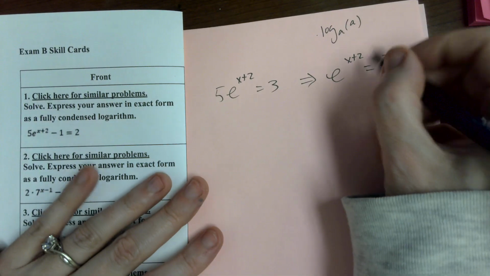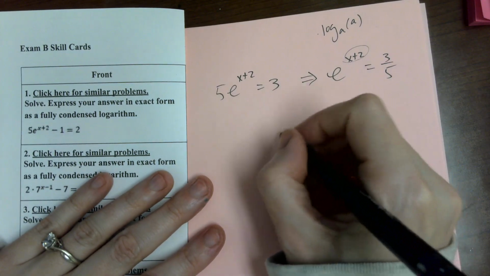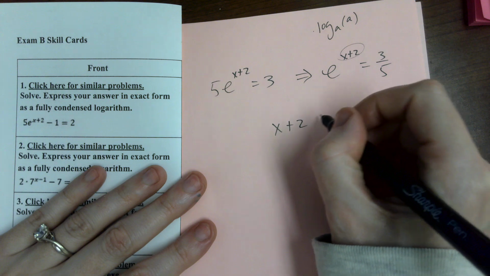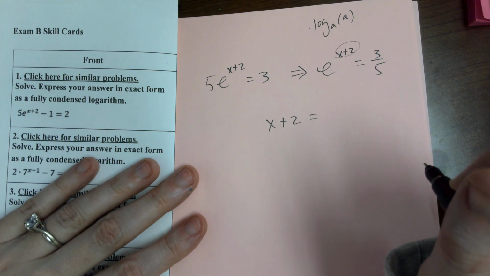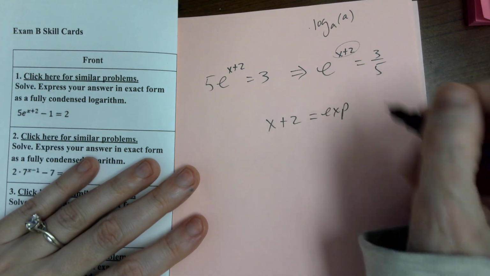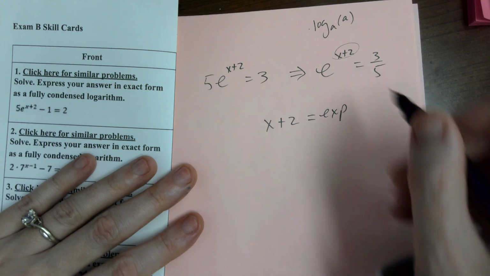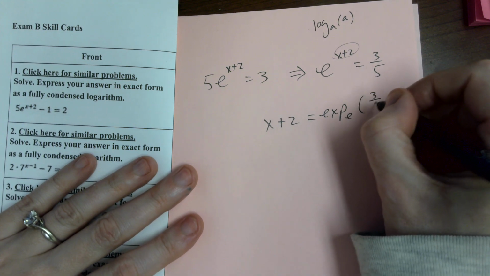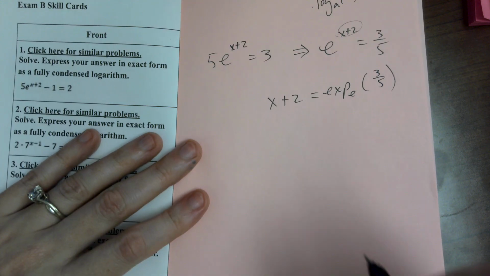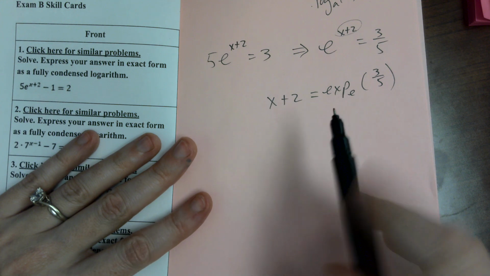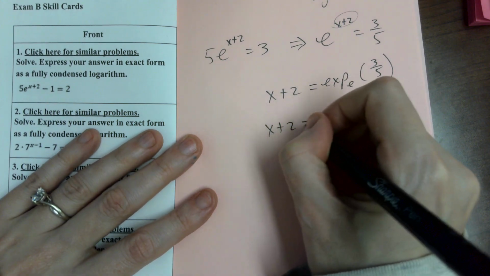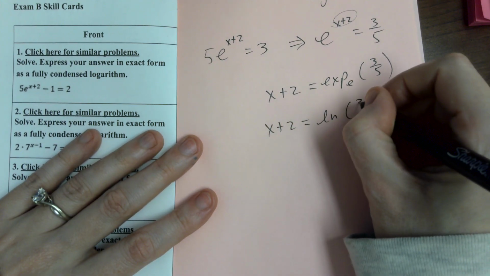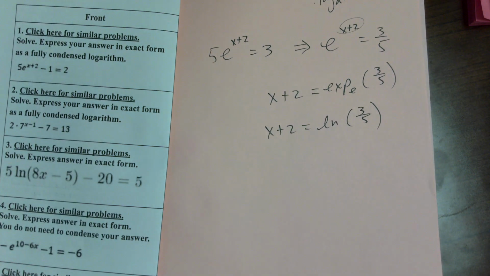And the way it goes is you take the exponent. So x plus 2 is equal to the exponent. So this is the exponent on base e to get 3/5. But the exponent on base e, that's ln. So x plus 2 equals the natural log of 3/5.